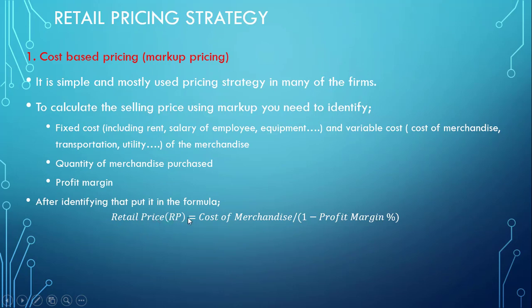Retail price, from now on we will represent it as RP, is equal to the unit cost of merchandise, the unit total cost, divided by 1 minus profit margin percent. Most of the time profit margin is described in percentage. When you compute in this way, you will get the retail price.